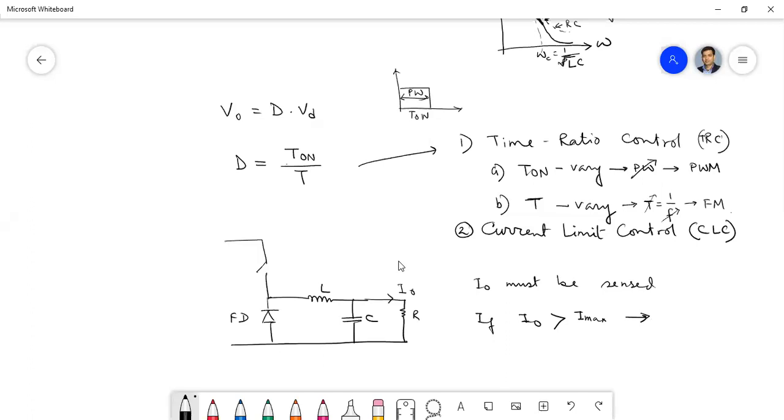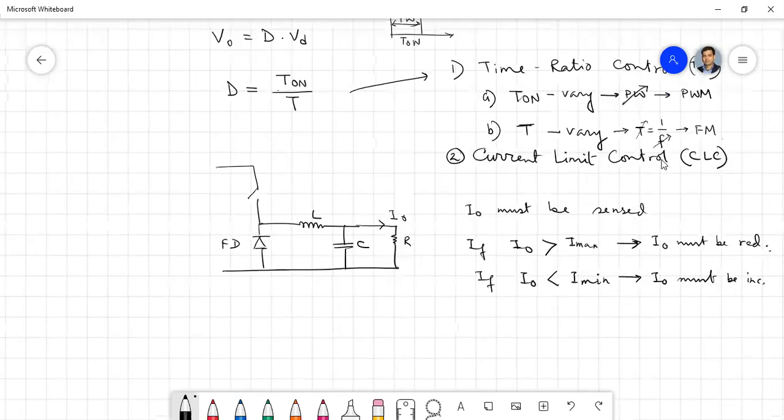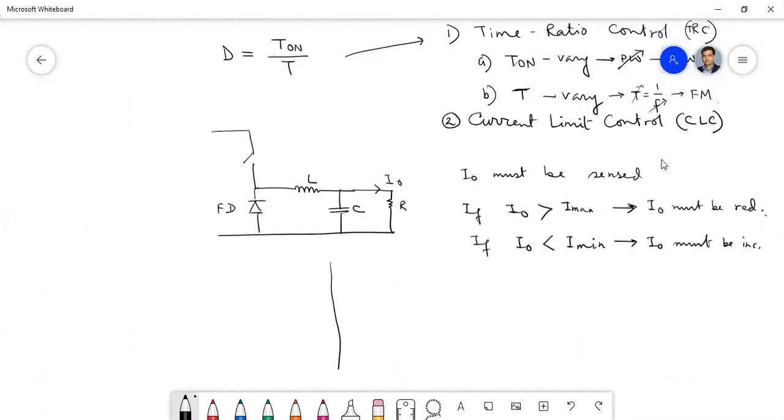So we don't allow the output current above this value; the current must be reduced. And this is one logic, and another logic is if the current is less than the minimum value, the current must be increased. So this is how the controlling actions are taken.